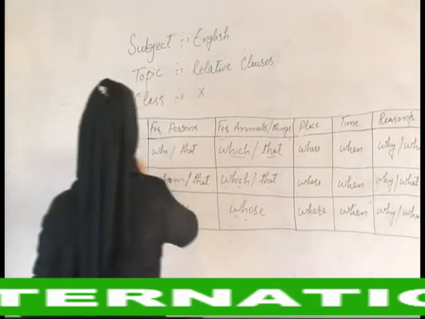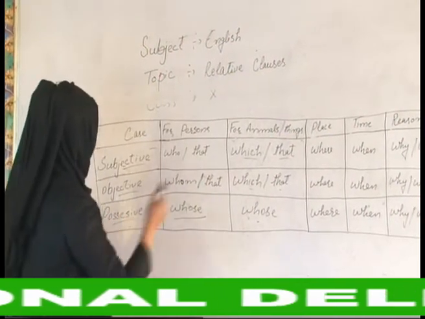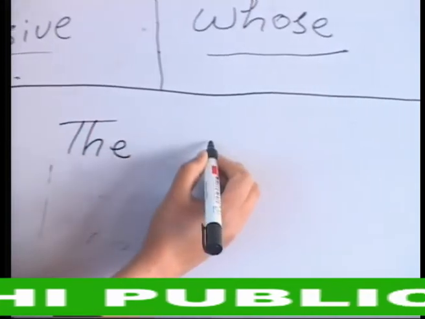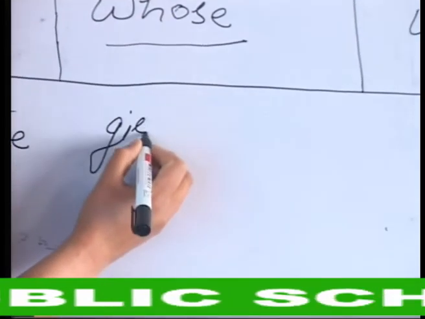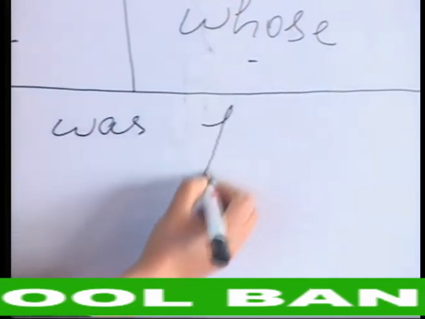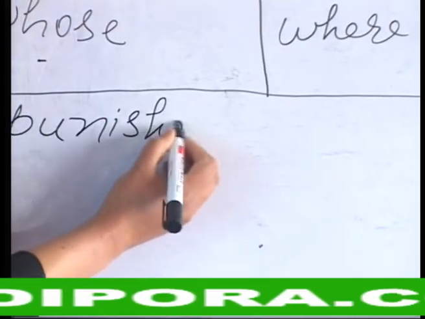So the first example which I am going to give you is: the girl was punished.